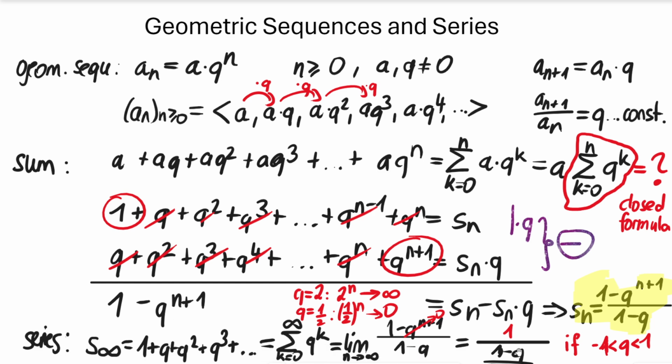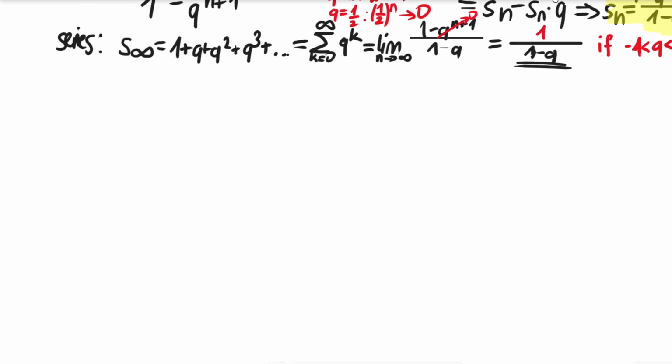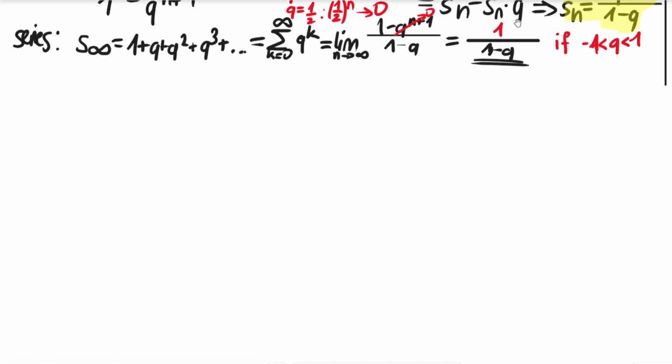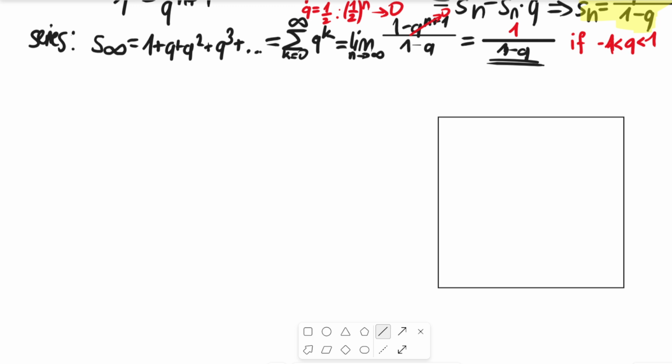And in order that you can imagine this also geometrically, so visually, we look at this series on a sheet of paper. So you imagine a square. So I'm going to draw a square now. Let's say this square has lengths 1 and 1.